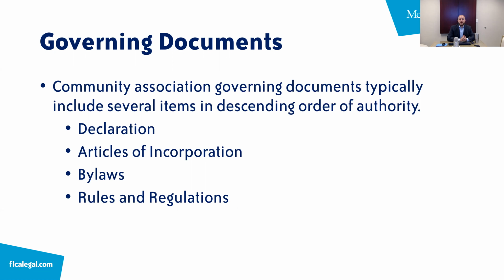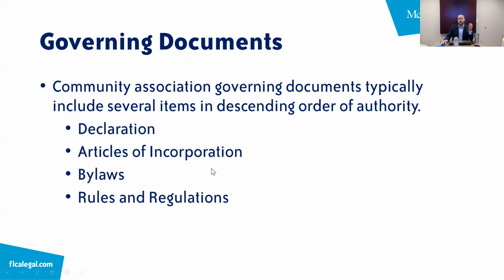The Articles of Incorporation, that is what establishes your association as a not-for-profit corporation with the state. In Florida, it's sunbiz.org. You can go and search the official records, and you can search for your association.